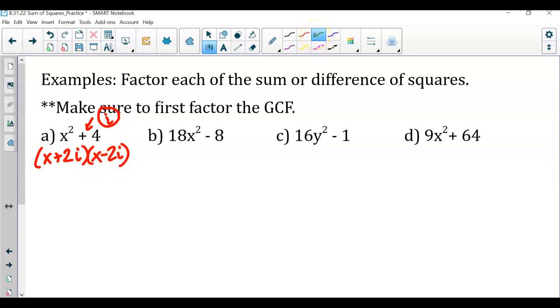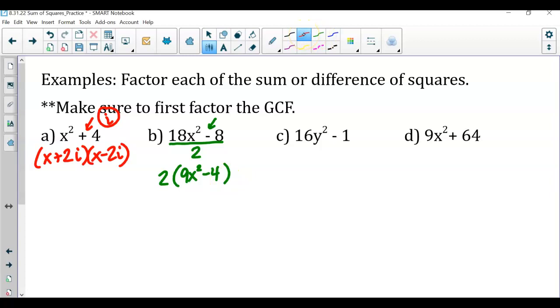Now here we do have a difference of our two values. So we do not need i, because this is just going back to the basics on our difference. But we do have a GCF. I can divide out that factor of 2, the greatest common factor of 2. So same as before when factoring, take our 2 out here, that GCF. Now I have 9x squared minus 4.